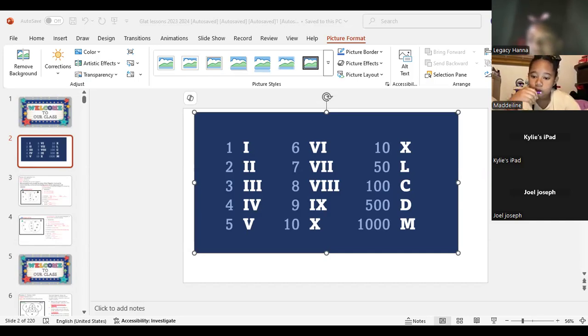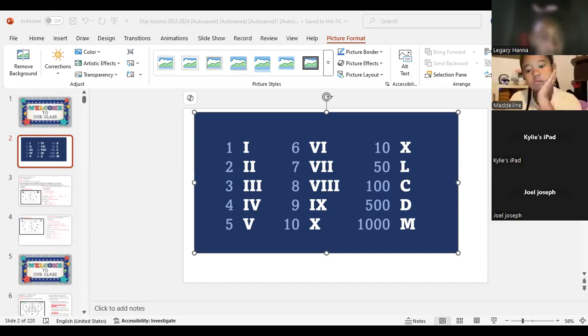MMCMXX. So the double M's are going to be 2000, right? Yes, sir. CM means what? Subtract 100 from 1000, so that's going to be 900. And then the 2 X's is 20. So 2,920. That makes sense? Yes, sir.